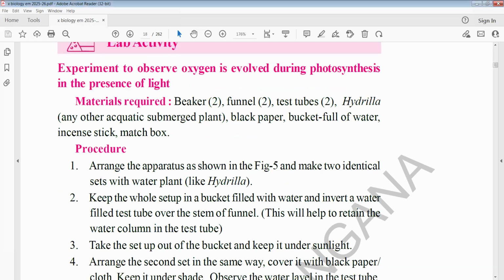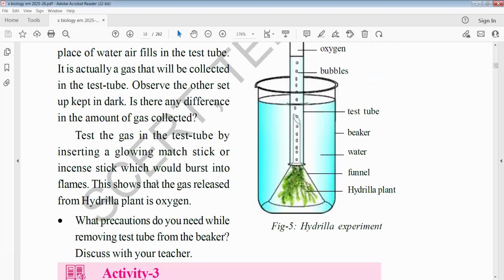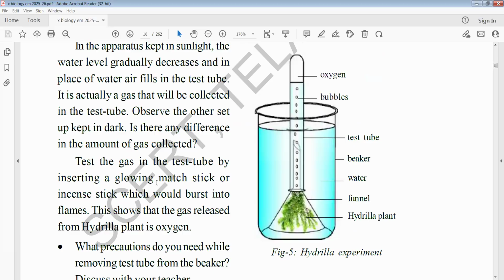How can we prove that oxygen is liberated during photosynthesis? This is also most important. To conduct this experiment, we need these apparatus: a wide and big sized beaker, test tube, thistle funnel, Hydrilla plant twigs, and also glowing matchsticks.